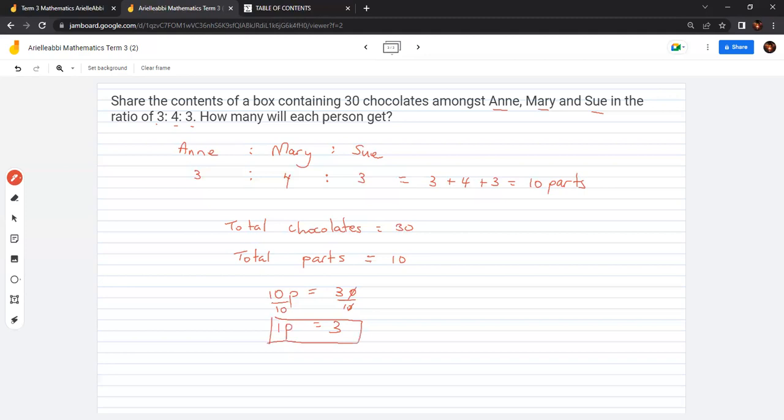Now from that information, I know that Anne received 3 parts. And if one part was 3, then 3 parts will be 3 multiplied by 3. So Anne received 3 3s are 9. Mary, on the other hand, received 4 parts.